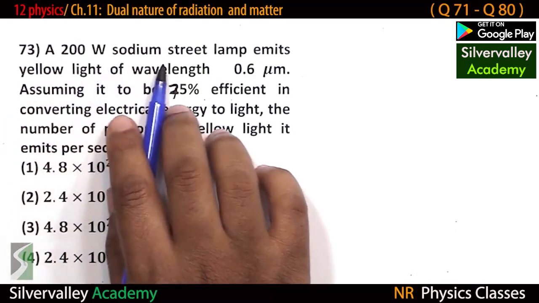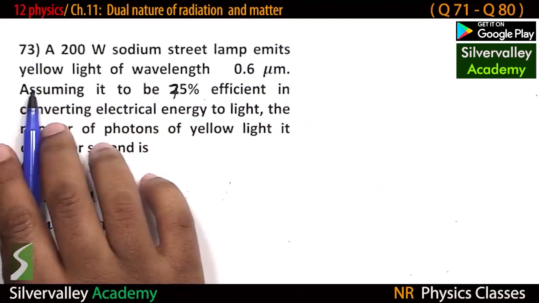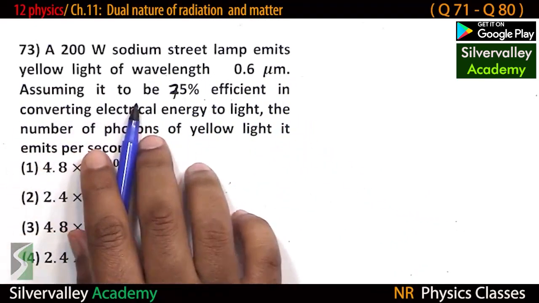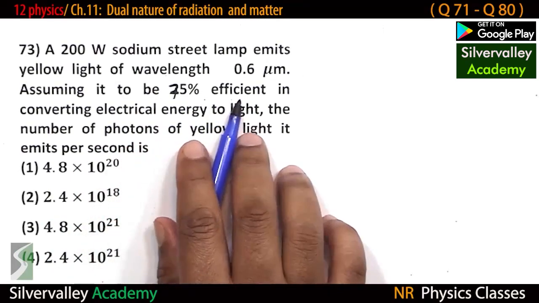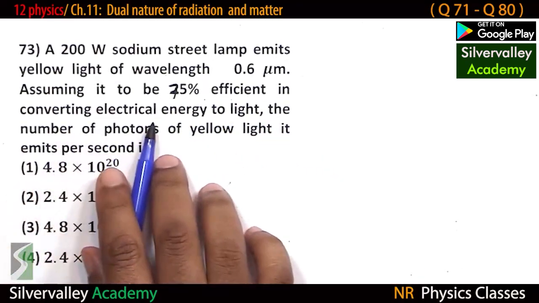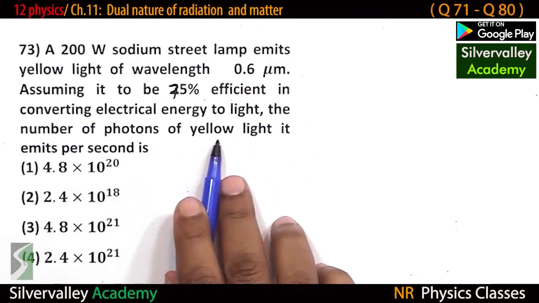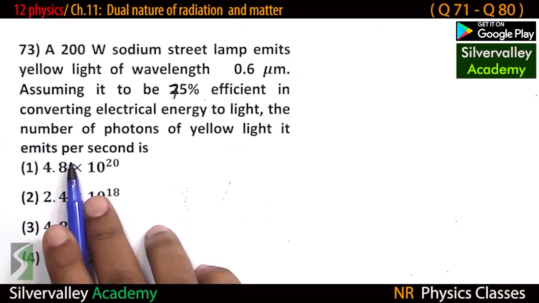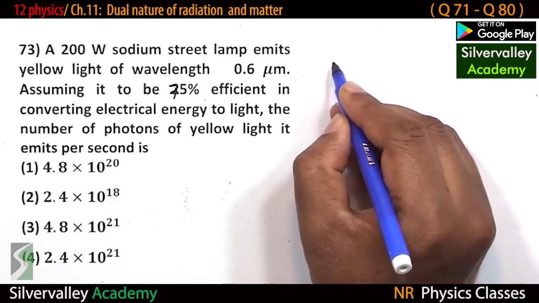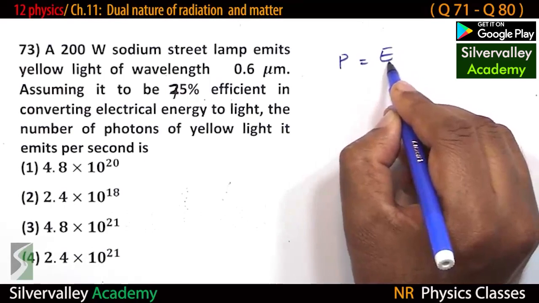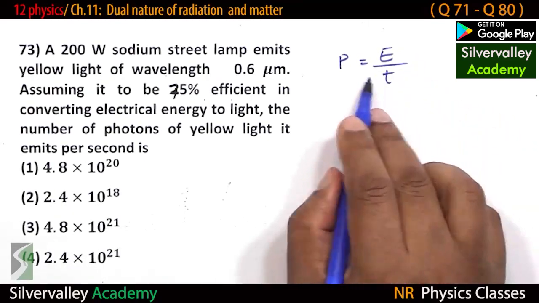A 200 watt sodium street lamp emits yellow light of wavelength 0.6 micrometer. Assuming it to be 75% efficient in converting electrical energy to light, find the number of photons of yellow light it emits per second. So power equals total energy by time. This is power.